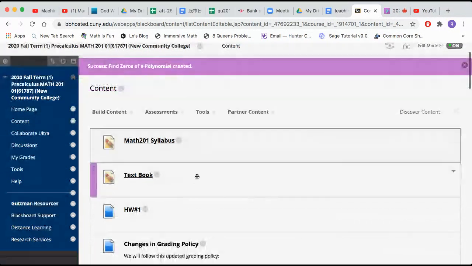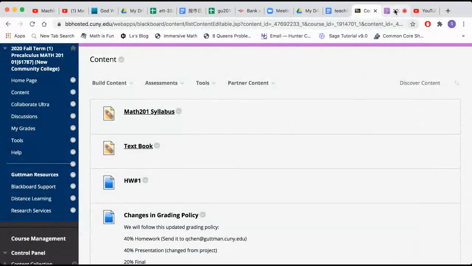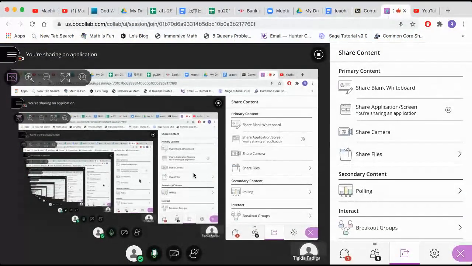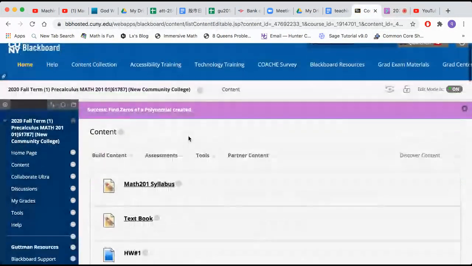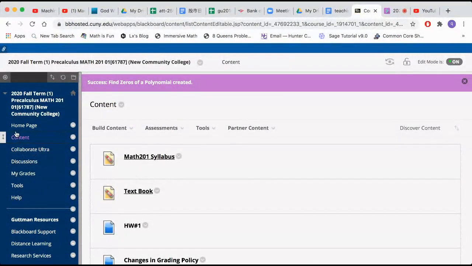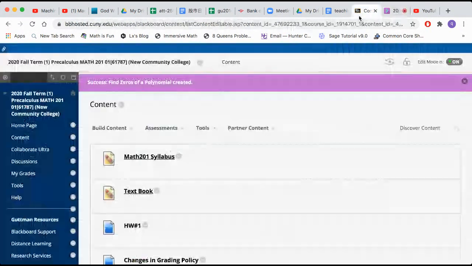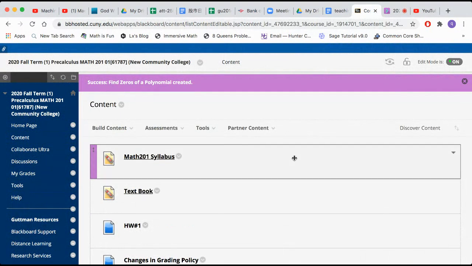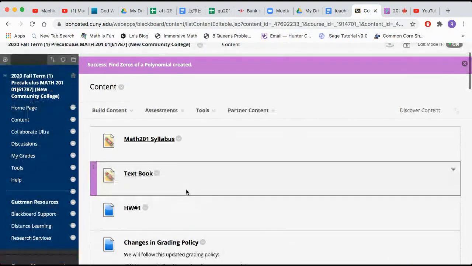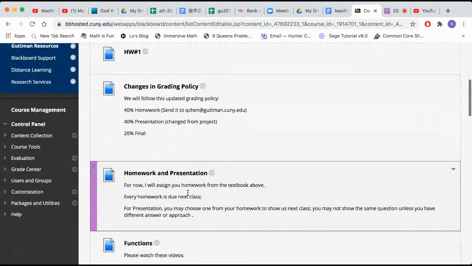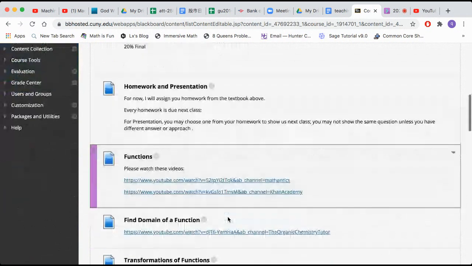Under the content, we have syllabus, textbook, homework 1, homework 2, homework and presentation, functions.